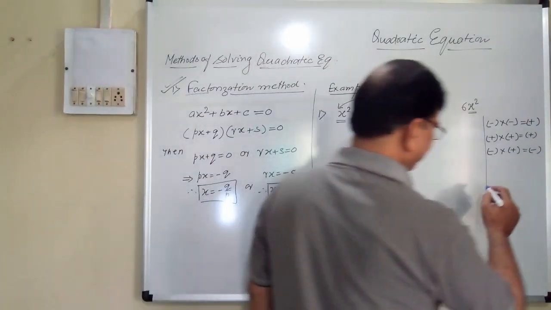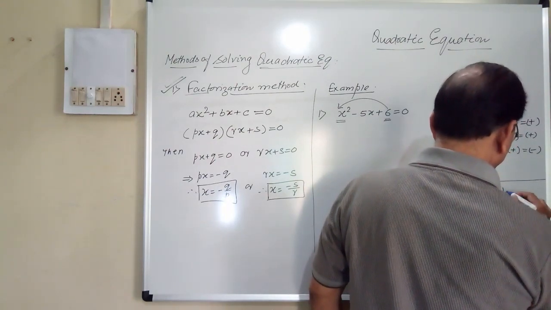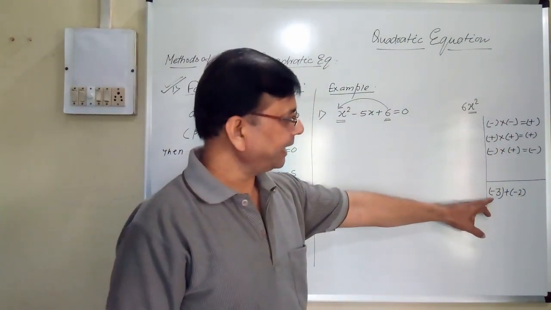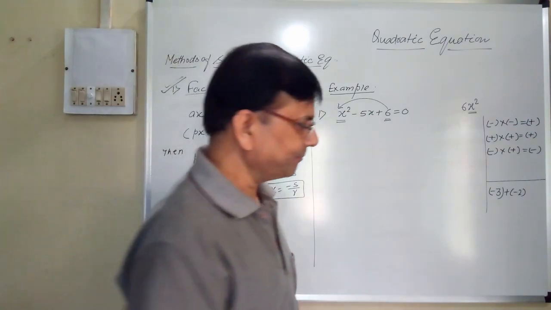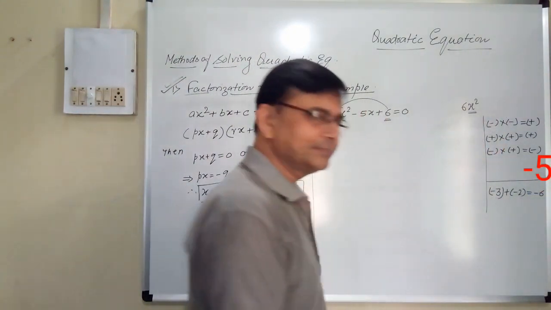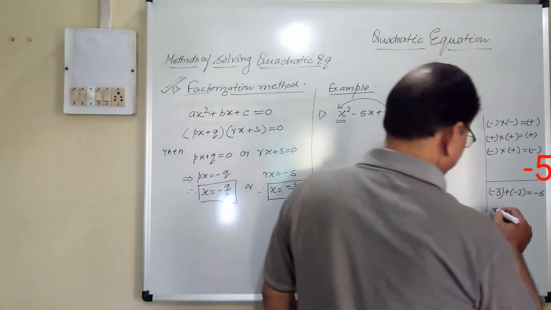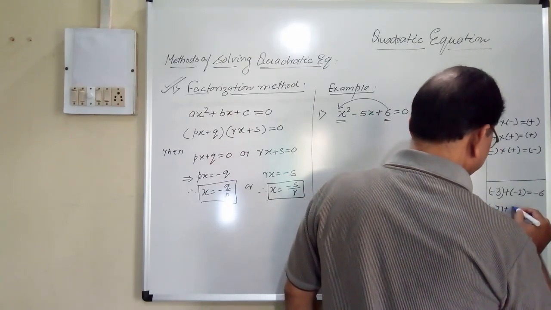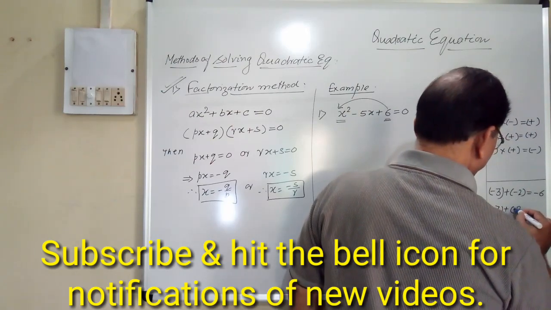See, suppose we write minus 3 plus minus 2. Minus 3 plus minus 2. Sum of two negative numbers. You will get how much? Minus 5. That is negative. Or second case, minus 7 plus 2.